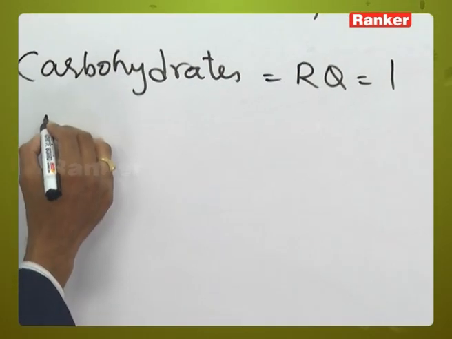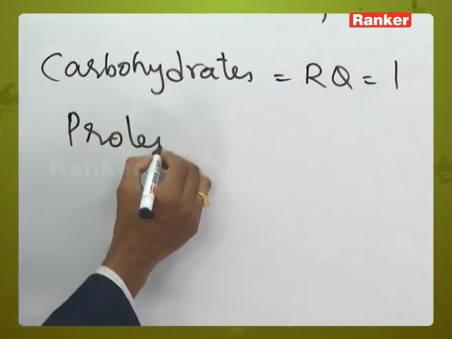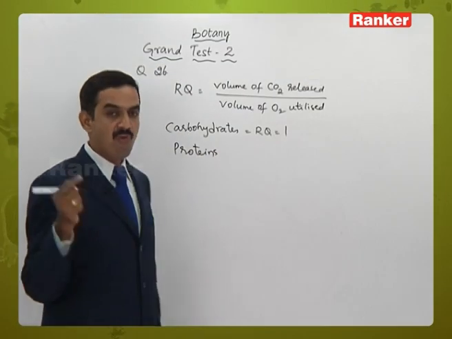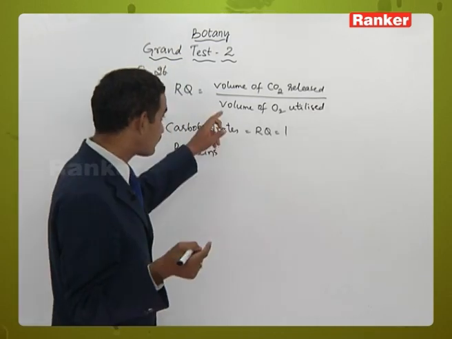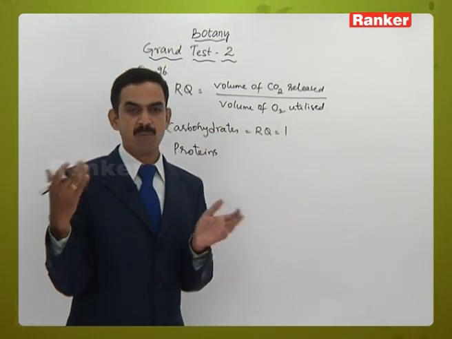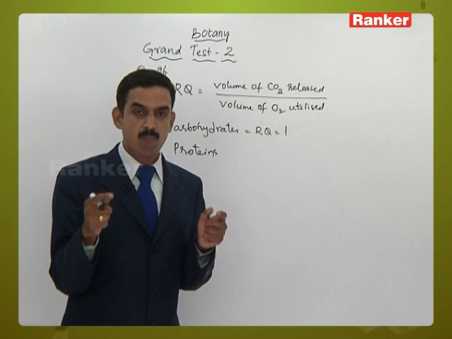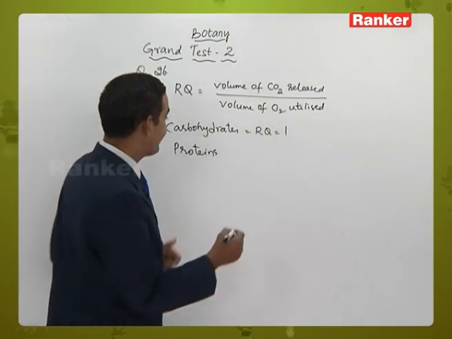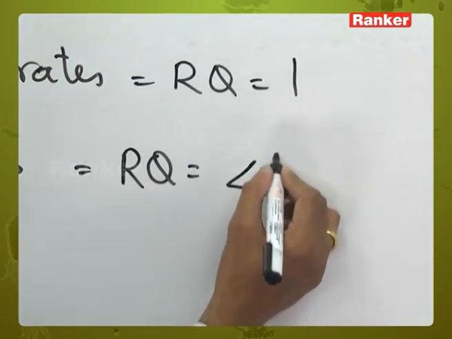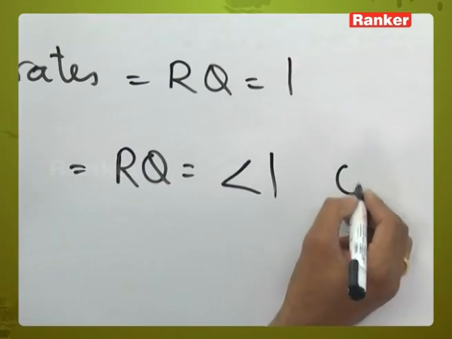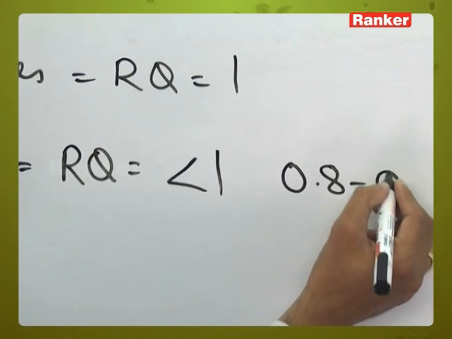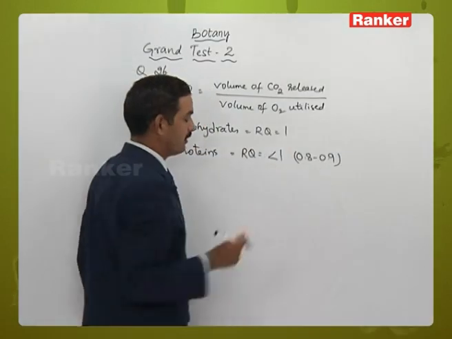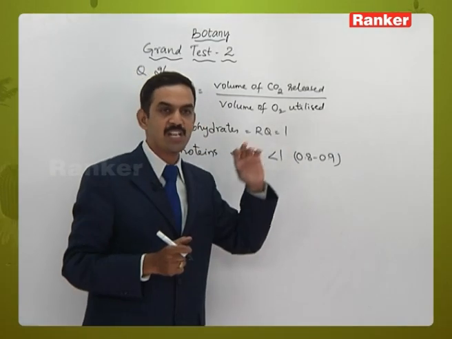Then let us come to the second one, that is proteins. In proteins, the number of oxygens differs from the number of carbons. That is, the number of oxygens is less than the number of carbons present in the proteins. That's the reason why the RQ value is less than 1; sorry, the RQ value is 0.8 to 0.9.